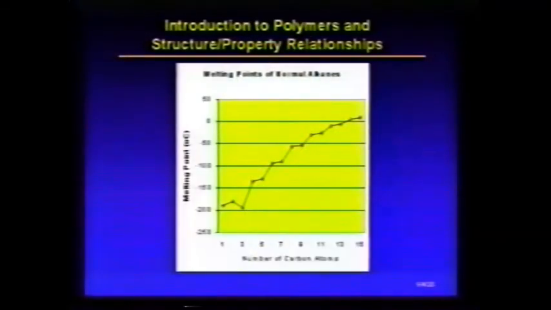As you might expect, the melting point increases with molecular size, and I've got data here for N-alkanes up through about C15. There's a zigzag tendency in this trend. We can discuss that if you wish during the Q&A, but that's typically the result as you go up the homologous series ladder, and that eventually damps out.